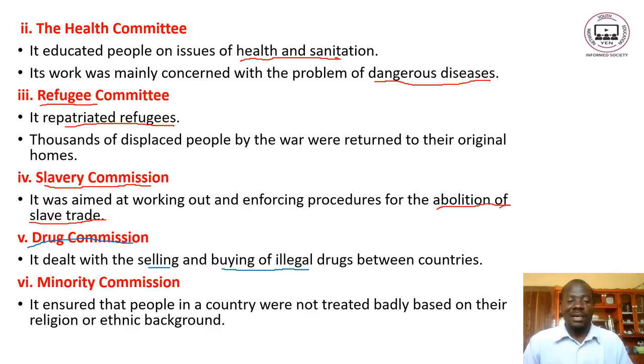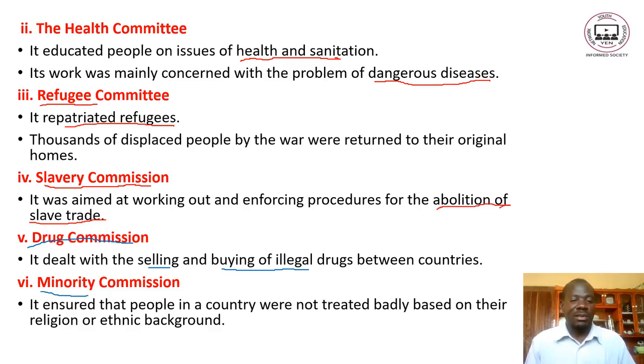Some countries were buying and others were selling in large quantities illegal drugs, the mandrax, the cocaine, those things. Up to now, they are happening, but in small quantities. Those things are illegal. So the League of Nations thought it wise to set up a commission to control such countries that were buying those illegal drugs in large quantities.